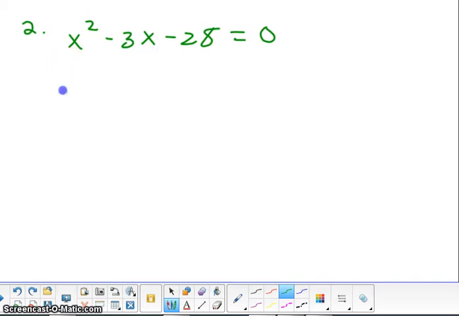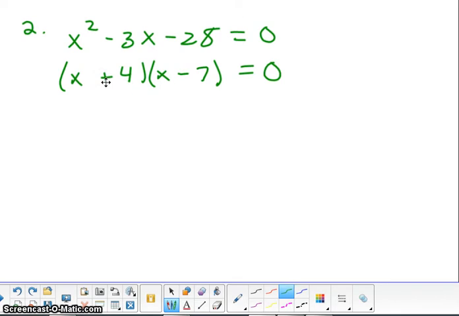So what we're going to do is set up our parentheses and find the factors of 28 that are going to give us negative 3. Okay, x and x is split. 28's factors are 7 and 4, and the only way I can get a negative 3 is if I put a negative on the 7 and a positive on the 4.